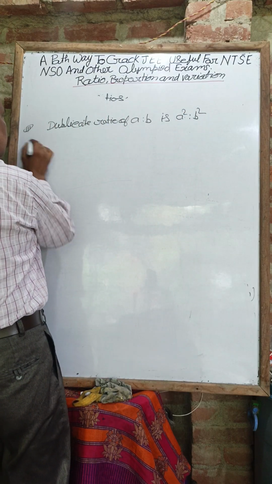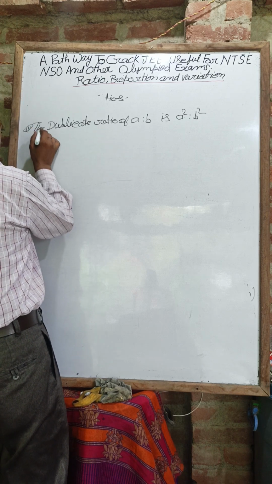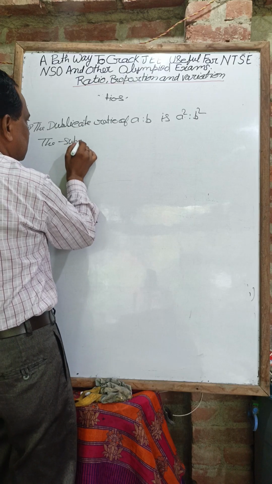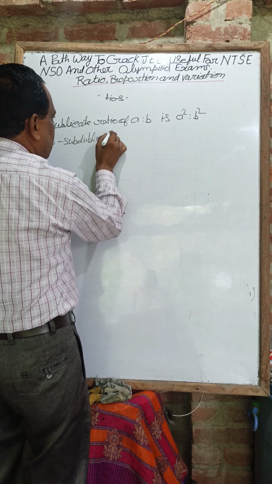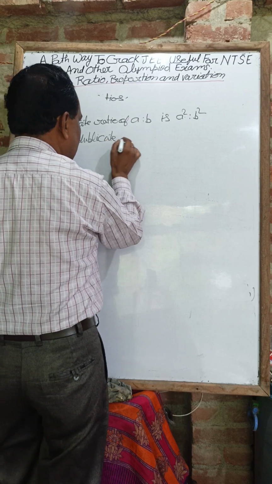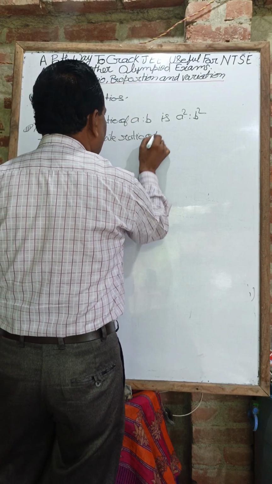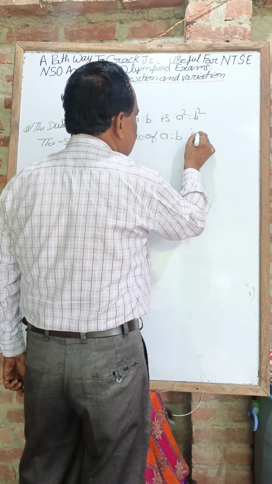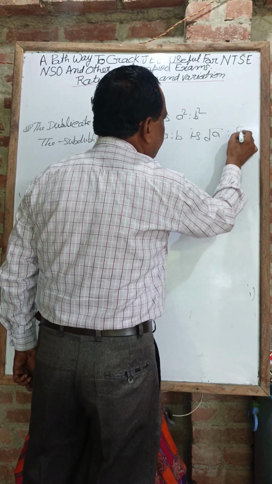Second, the subduplicate ratio of A is to B is square root A is to square root B.